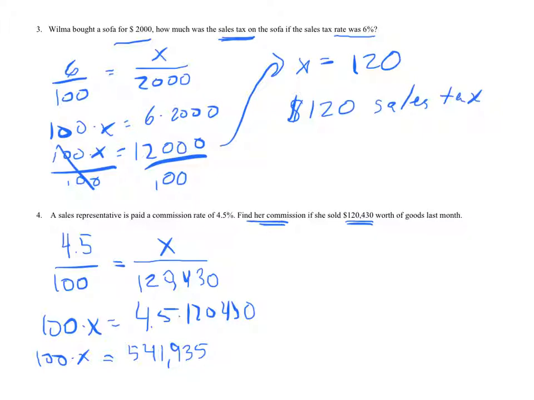Final step is to divide both sides by 100, and then you come up with $5,419.35, and that was her commission.